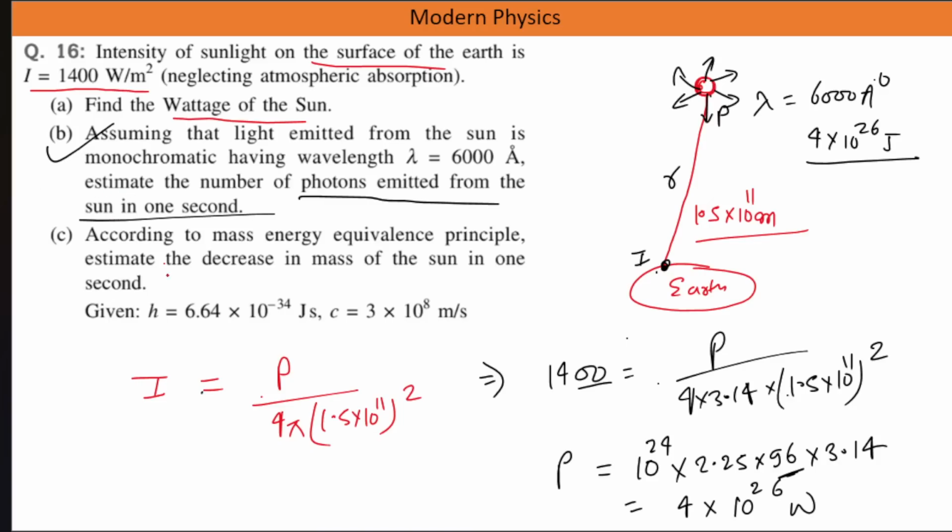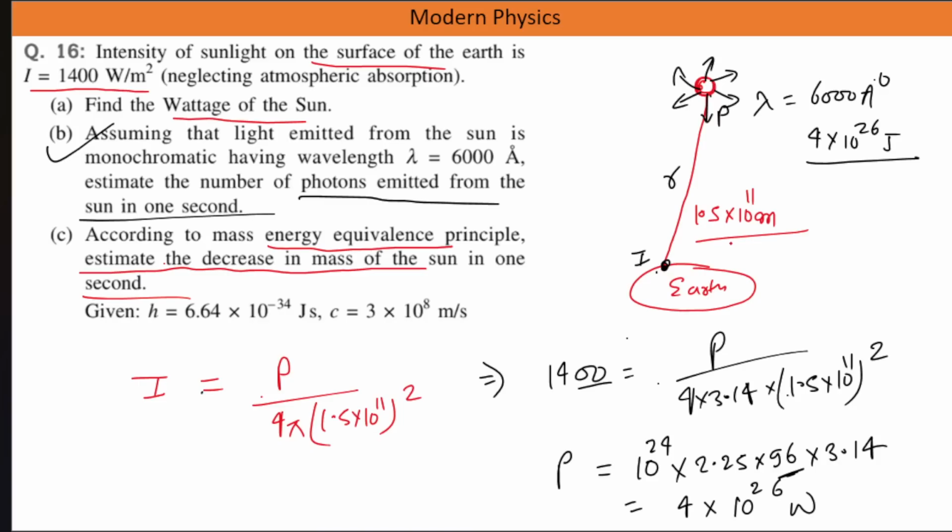Okay. Now what are we being asked next? According to the mass energy equivalence principle, estimate the decrease in mass of the sun. We also say the sun has a life. And why do we talk about this? Because the sun is spending itself for us. So we should really guard this earth very carefully, because somebody is standing so far away, spending himself or herself, so that they can supply us with the energy.